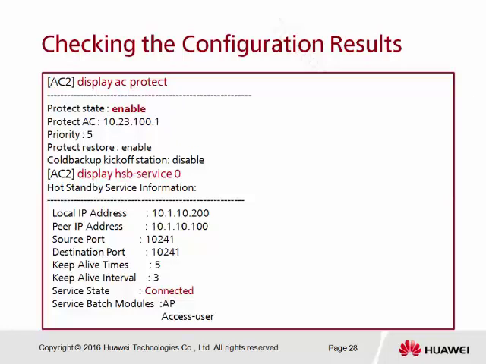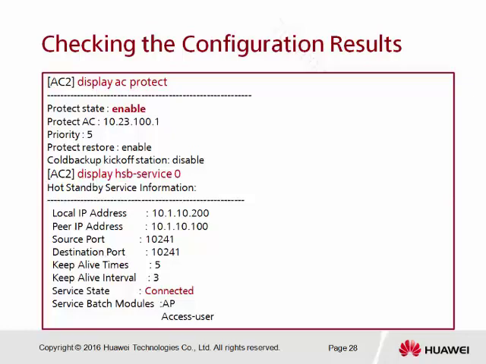This is the reason why just now they showed you the command to enable the protect restore. The next one is the command called display HSB service 0. This depends on the ID number that we assigned just now. If you're using 0, then you put a 0 over here. It will show the local IP address and also the peer IP address, and of course the source port and destination port.